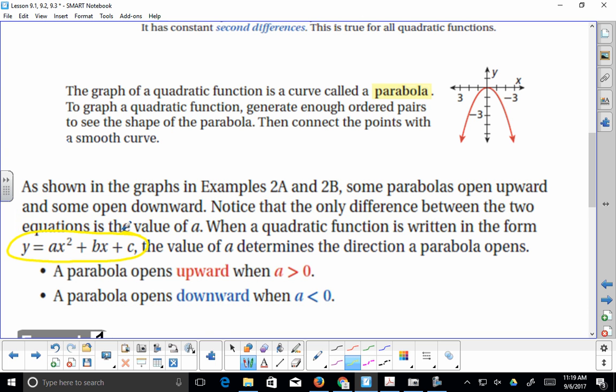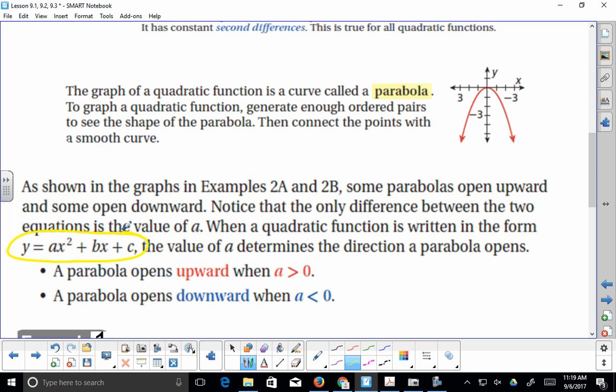They have to be in the form y equals ax squared plus bx plus c before you can tell whether the graph opens up or down, or before you graph it, or before you find the vertex or the axis of symmetry. We want it to be in this form all the time. So if it's not in that form, then you're going to rewrite it in that form. Okay? If it doesn't have a squared term, then it's not a parabola or a quadratic function. Right? It must have a squared term.